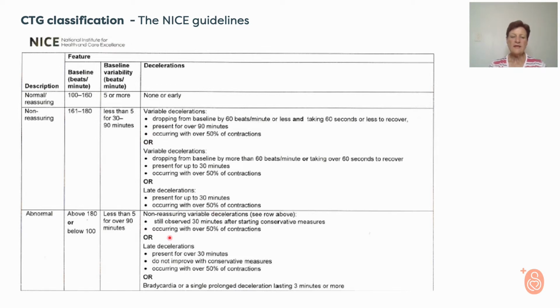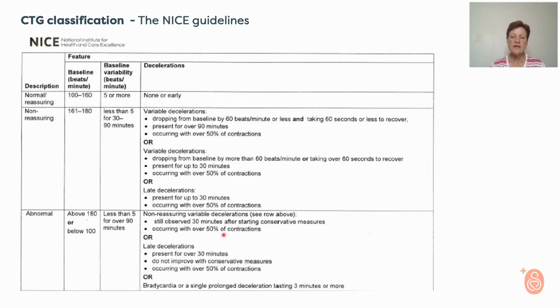And then what makes the categories abnormal is if the fetal heart rate is above 180 beats per minute or below 100 beats per minute, when there's less than 5 beats per minute variability for over 90 minutes, and then non-reassuring variable decelerations for 30 minutes or after you have started with conservative measures to treat them, and that would be intrauterine resuscitation.